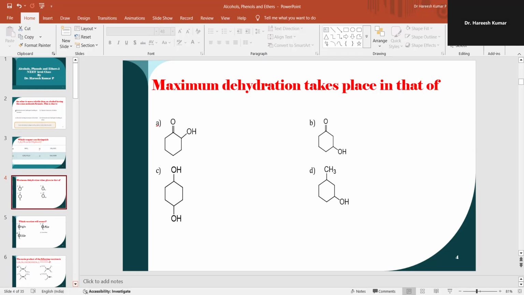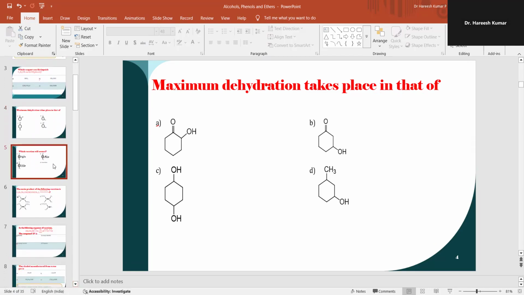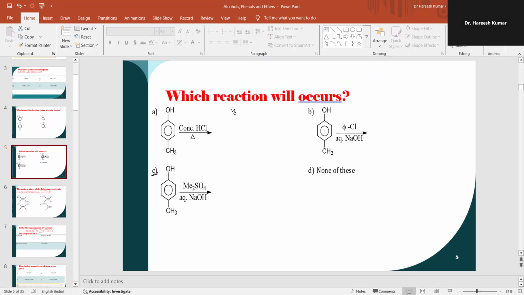Let's take one more question. Which reaction occurs? The name of the first compound is paracresol. Paracresol on heating with concentrated HCl gives no reaction at all. Similarly, paracresol reacting with chlorobenzene in the presence of aqueous amine comes under aromatic nucleophilic substitution.